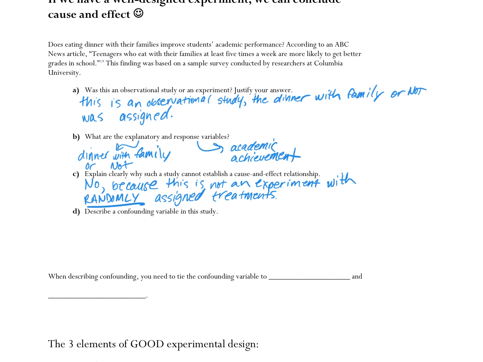Right? So if you're having those conversations with your family more frequently, aren't you being held more accountable than somebody who's not having those conversations to your own academic performance? Do you guys see what I'm saying here? So the confounding variable might be the conversation with parents, right? People who have dinner.